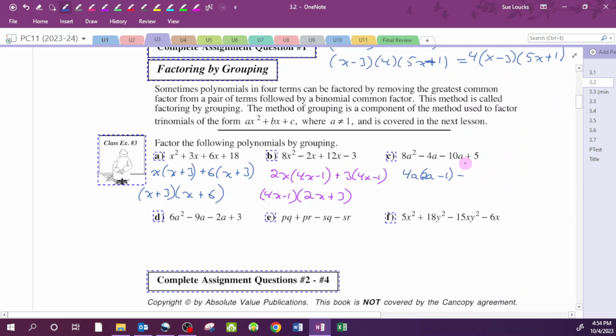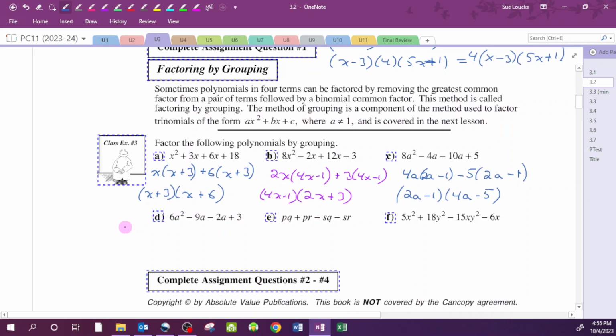And I'm going to factor out a negative because if I factor out a positive thing, I'm going to have a negative inside my brackets. Just trust me for now. If this sign is negative, you want to factor out a negative. I think that is always true. And I can factor out a -5, and that leaves me with a 2a minus 1, which is the same as what I had over here. So I have 2a minus 1 times 4a minus 5.